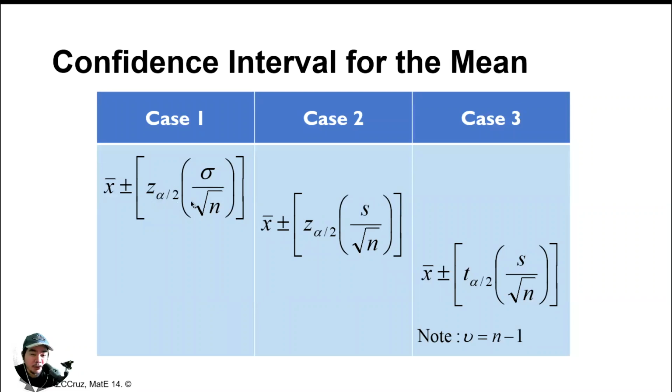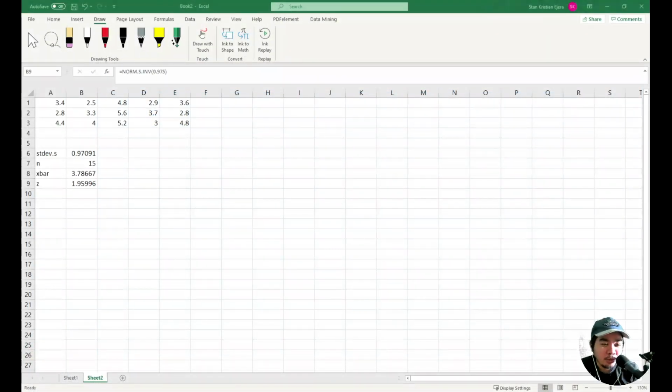Since alpha over 2, usually it's over 2 because of the two-tailed nature of the test, no. Usual ang iba ginagawa nila is they use the same alpha over 2, tas ninenegate na lang nila para consistent yung kung ano yung nakasulat sa formula versus kung ano yung tina-type nila sa Excel, no. So some students like to do equals negative norm.s.inv ng alpha over 2, and in this case alpha is equal to 0.05, parang 0.05 over 2, which gives you the same value, no. So use whatever you feel is more comfortable.